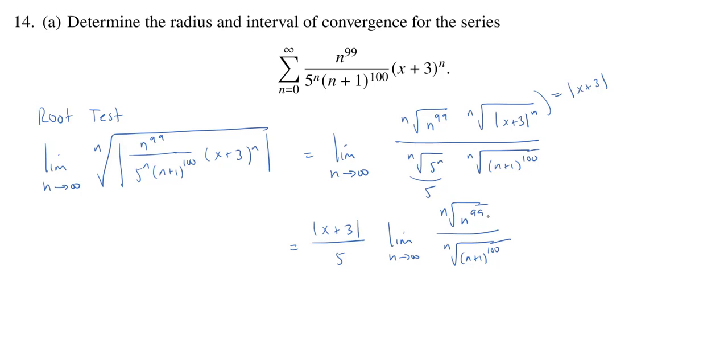And both of these I can immediately evaluate their limits using a nice little rule, which said if you had the nth root of n to the p, for some positive value p, that this converges to 1. So this means that the top converges to 1 and the bottom converges to 1. Again, I have an n plus 1, but that really doesn't change things as n grows. So actually, my limit is simply going to be the absolute value of x plus 3 divided by 5.